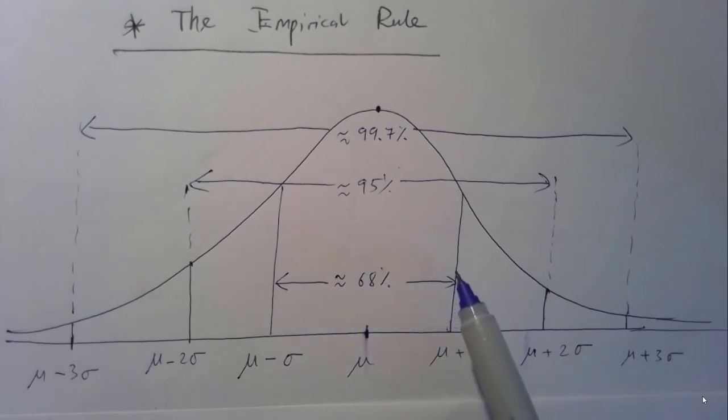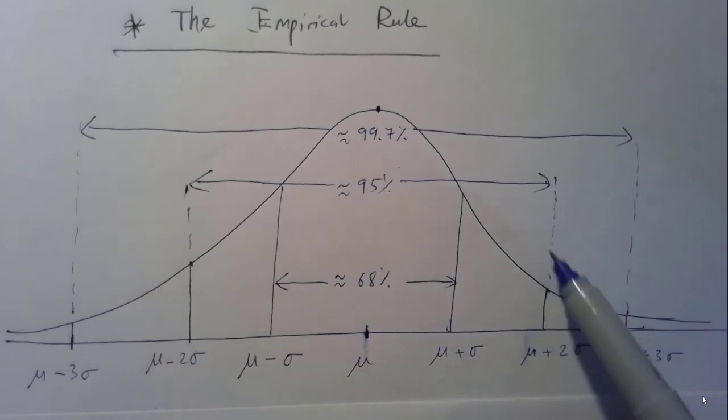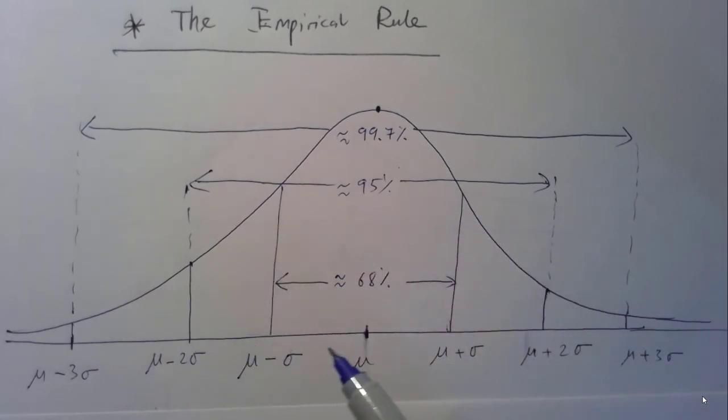If you increase to 2 standard deviations above and below the mean, then 95% of the population will lie within 2 standard deviations of the mean.